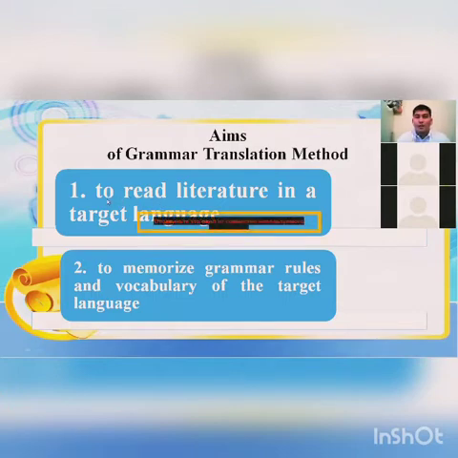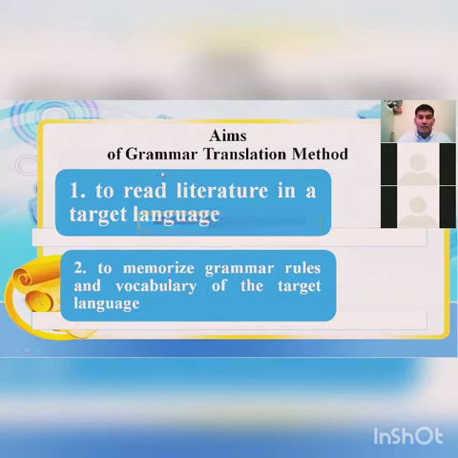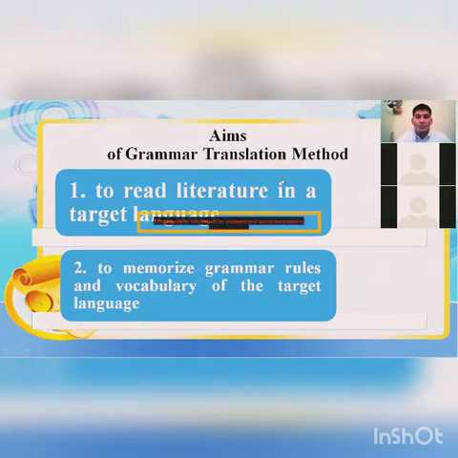If you study the development of IELTS or the English language, how they tested English in Cambridge, you will see that at the beginning they tested only reading and writing. They tested only how well people could read and write in that language, and there was no attention to speaking and listening.